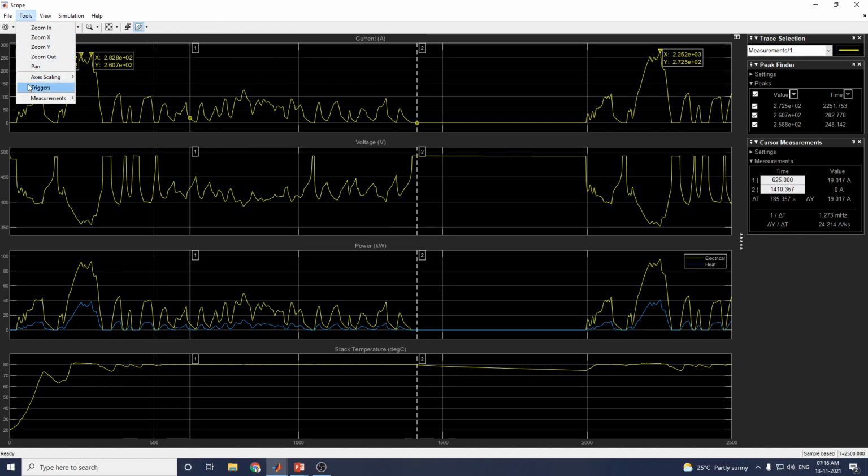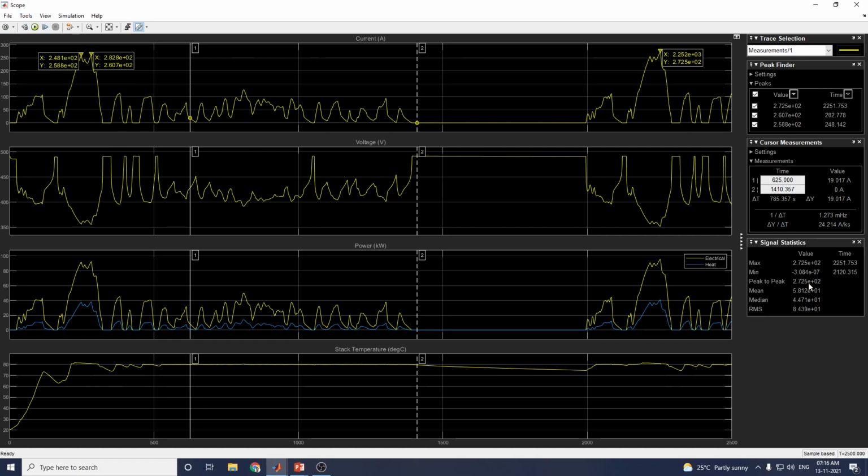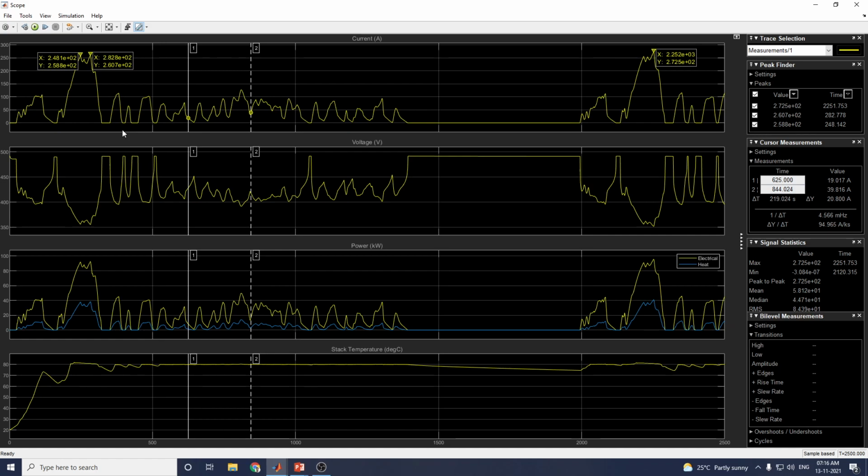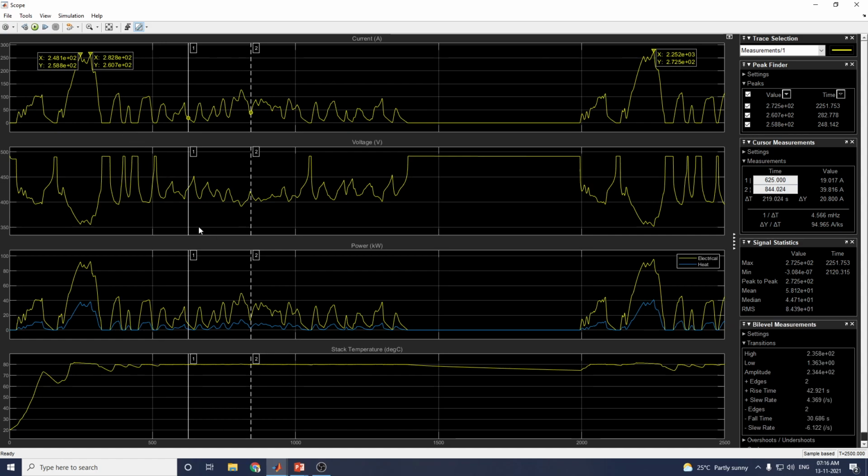Similarly, you can see the peak finder, signal statistics and bi-level measurements. Signal statistics show which point has the maximum value, minimum value, peak-to-peak value, mean value, median and RMS. Then the final one is the bi-level measurements. By using bi-level measurement, you can see the transitions, what the high and low values are, and the edges and rise times.